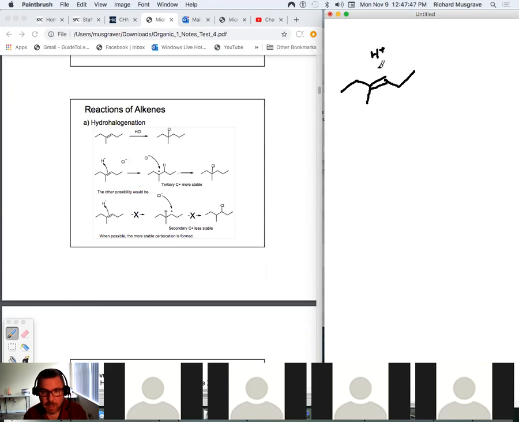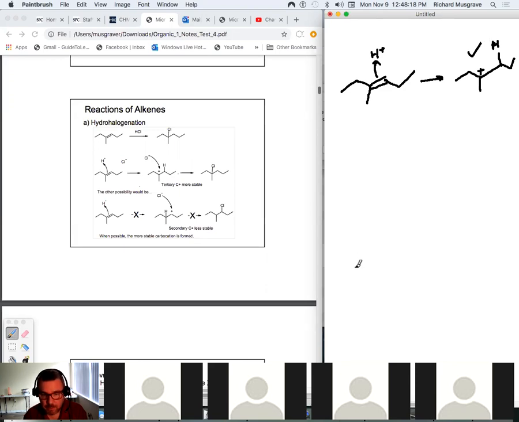When we add H+ to the double bond, there is the possibility that we could have the H+ join in this way, where the plus ends up on the left C and the H ends up on the right C, which is the correct method.